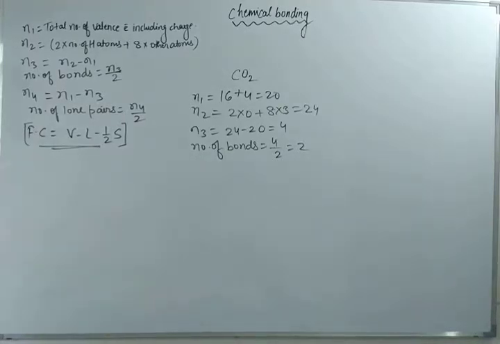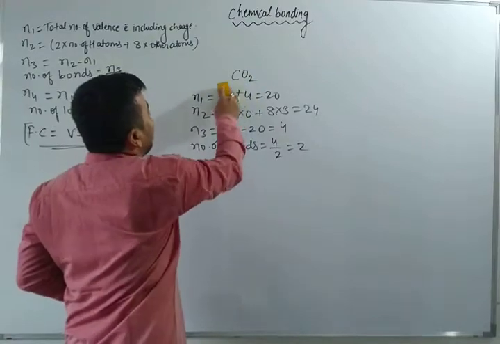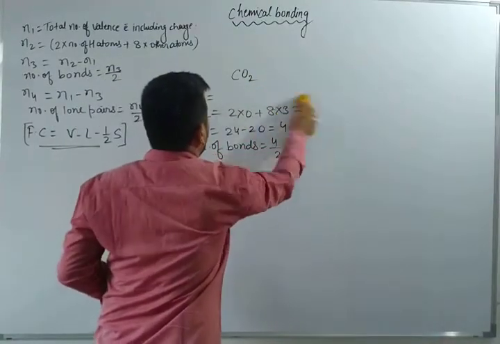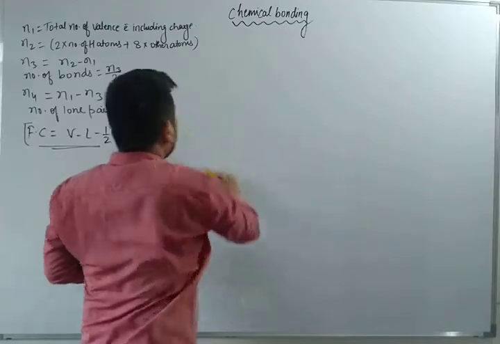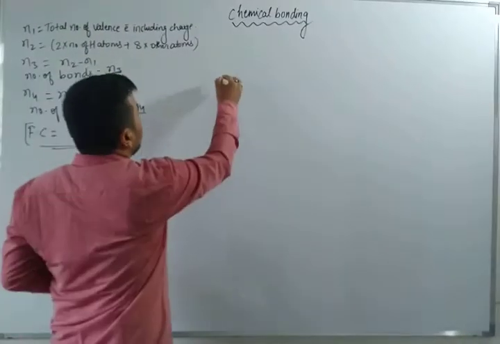N3 value must be N2 minus N1, so that is number of bonds. And N4, number of lone pairs. I have done one mistake. Sorry, just check, I have just written here 8 to the 16th electron. Sorry for the mistakes.